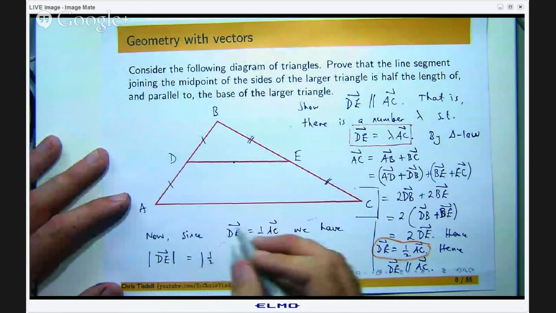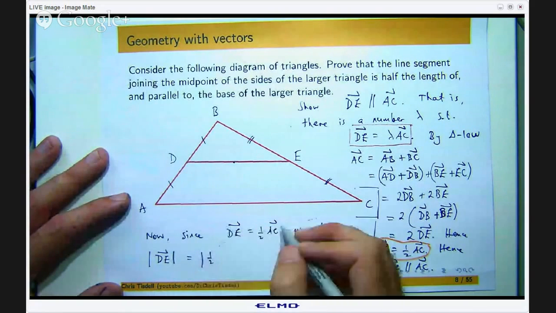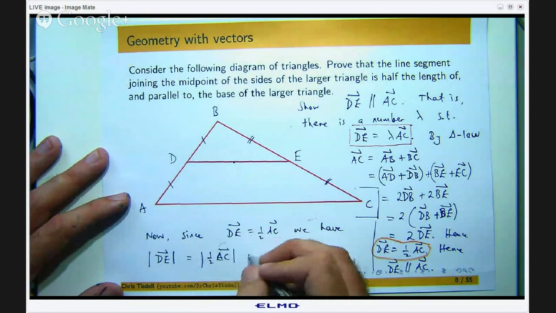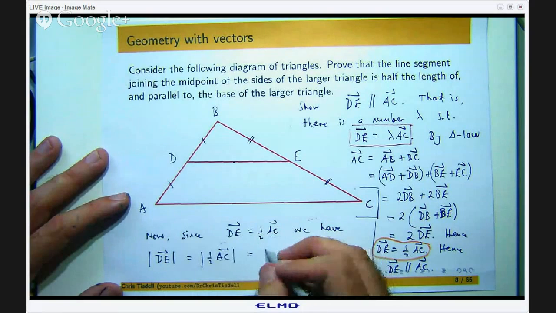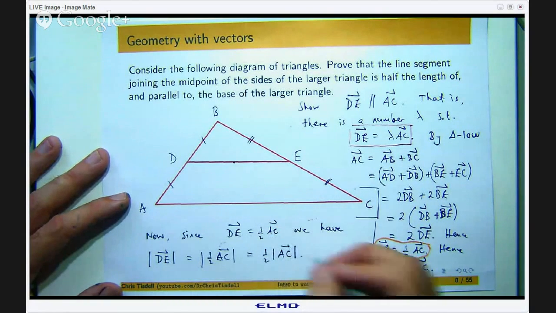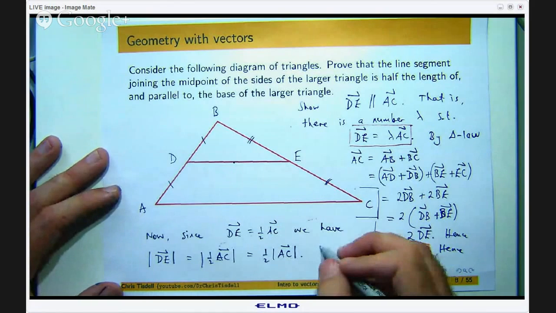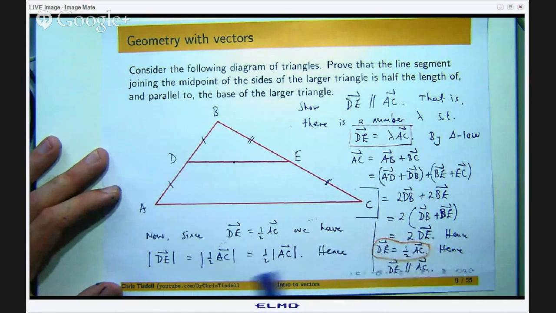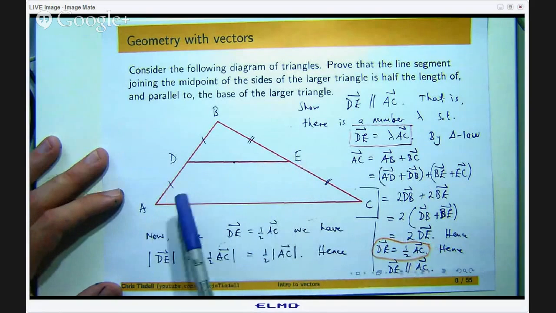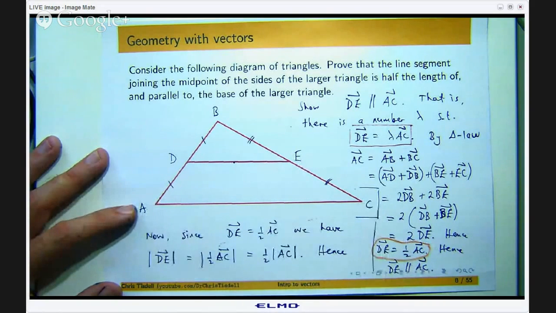So if I take the lengths of both of these line segments from here, I'll get the following. Okay. So what does that mean? It means the length of this vector is half the length of this vector. Or equivalently, the length of this line segment is half the length of this line segment.